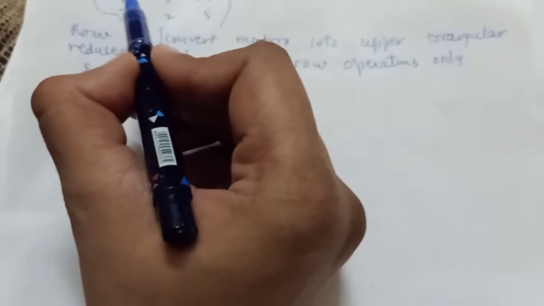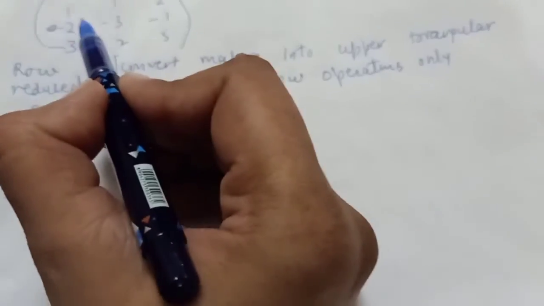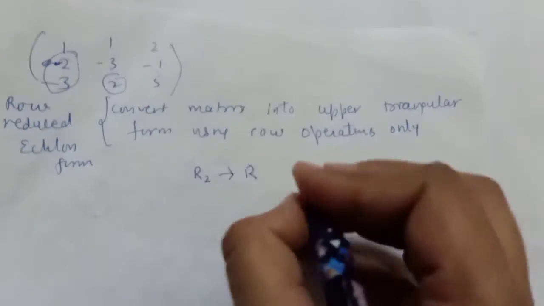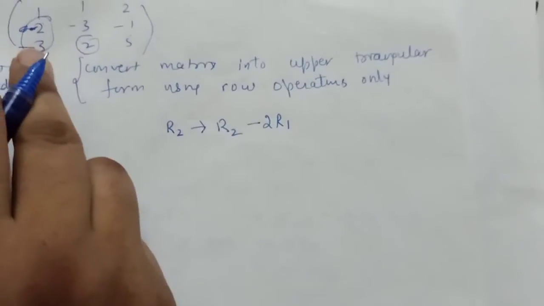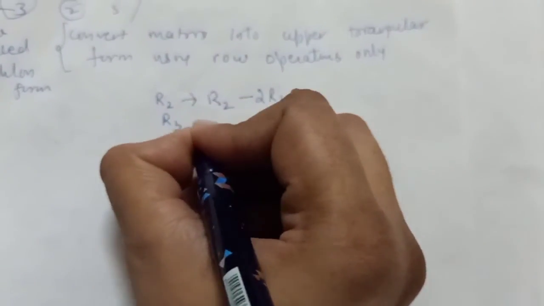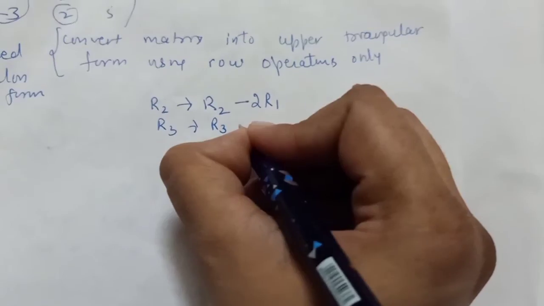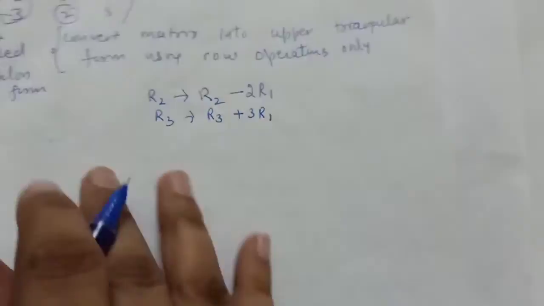To convert this into upper triangular form, what do we need to do? We need to make these two entries 0 and this entry 0. So what operation will I apply? I will apply R2 minus 2 times R1, and to convert this to 0, I will apply R3 plus 3 times R1.